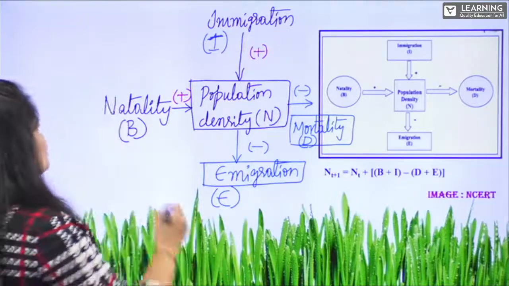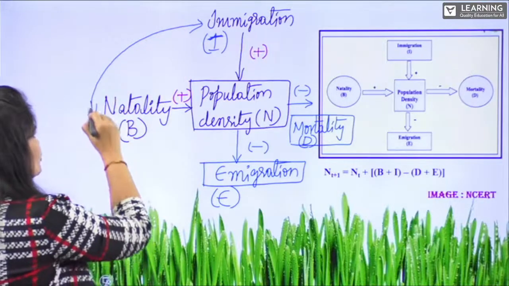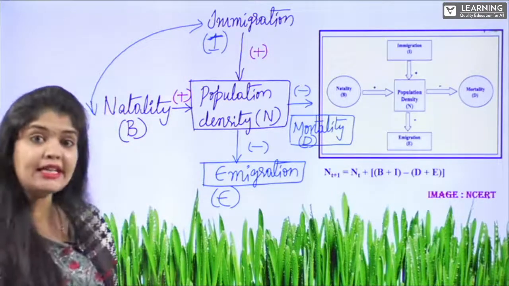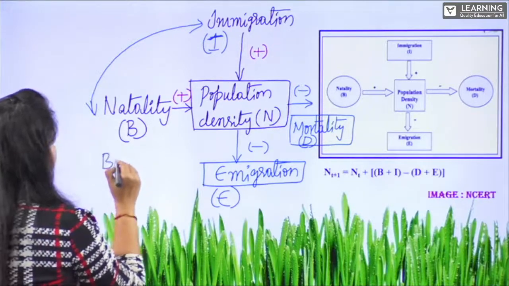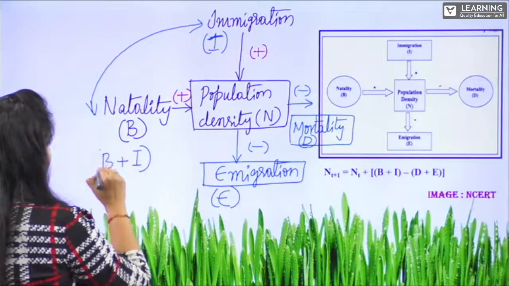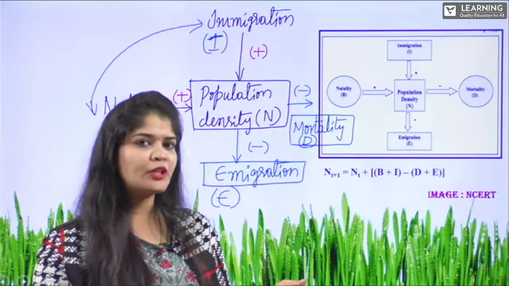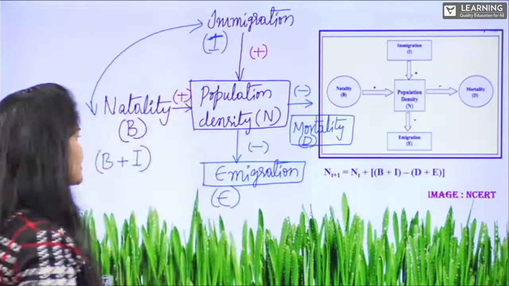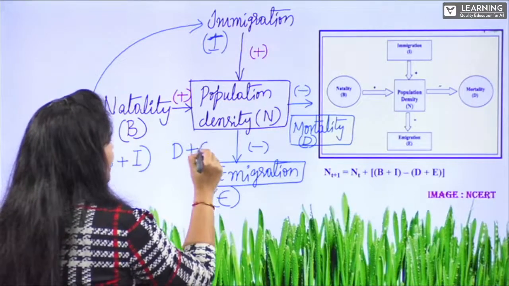So the two factors contributing to increase the population size are birth plus immigration, right? And the two basic factors contributing to decrease the population density are death plus emigration.